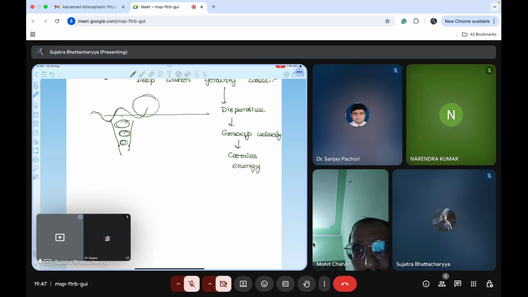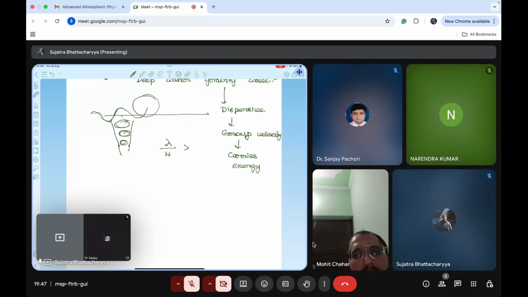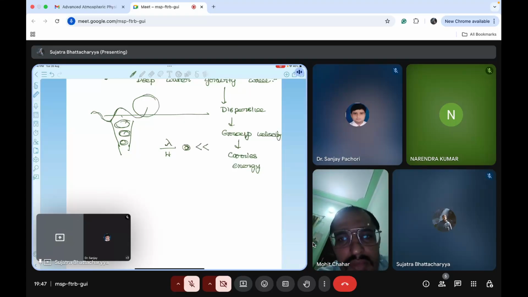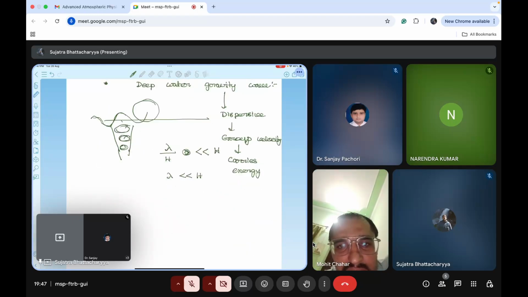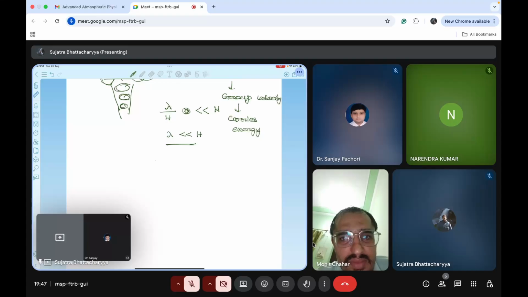In this case, for the deep water gravity wave, lambda is much less than h, opposite to the condition of the surface gravity wave. Here the wavelength is much less than the depth of the fluid. In this case, your dispersion relationship becomes omega equals root over g times k.